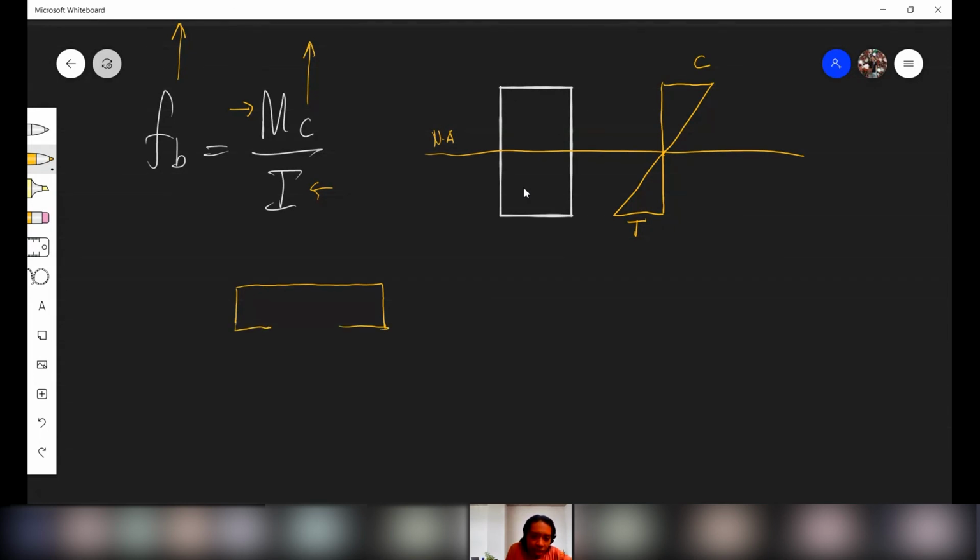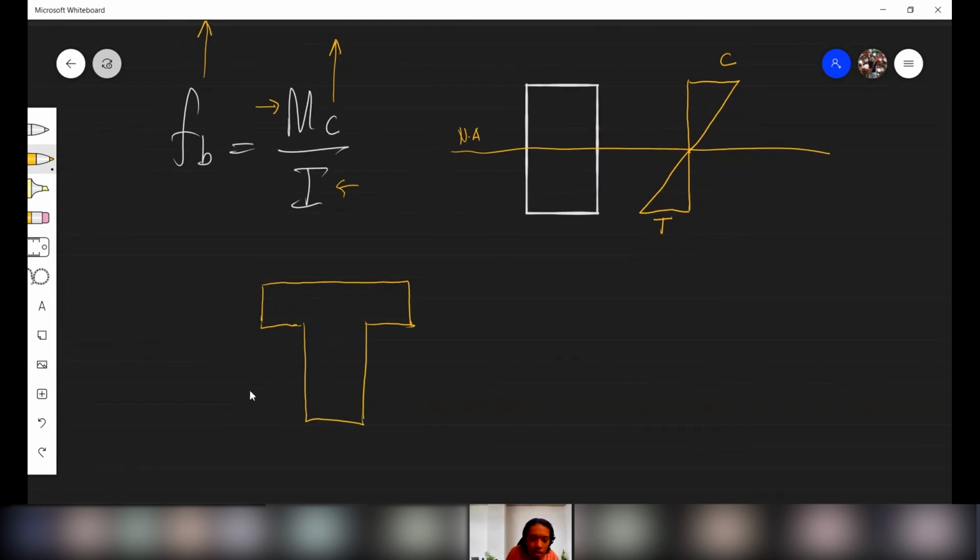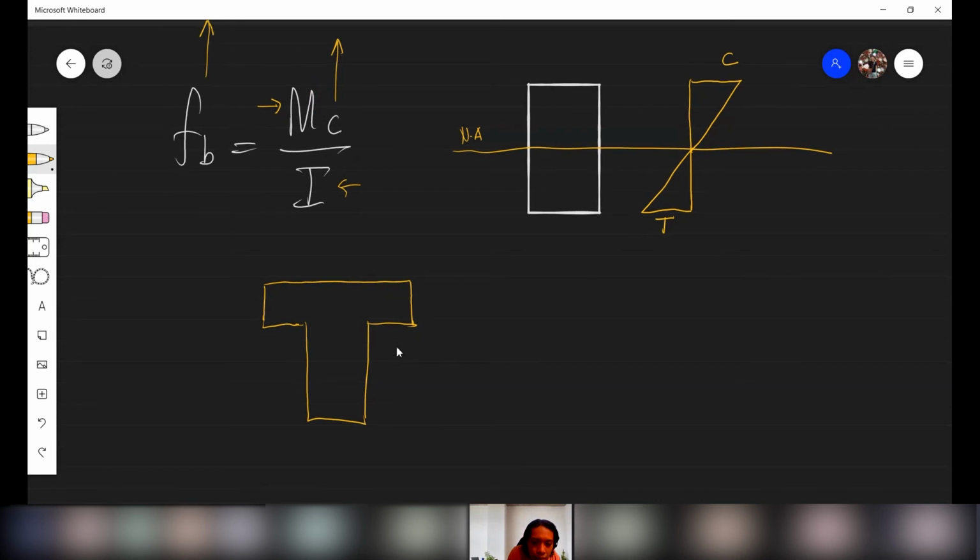What if the section is like this one? Your beam is a T section. Of course, the centroid of the T is somewhere here. This is your neutral axis. The outermost fibers are this fiber here and this fiber here.